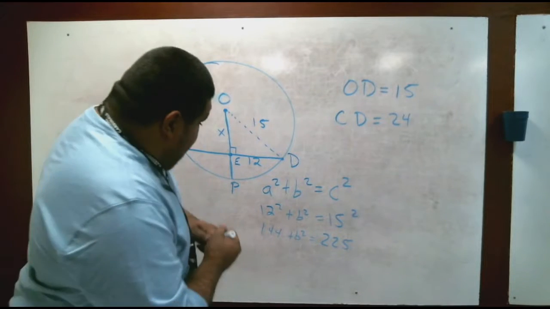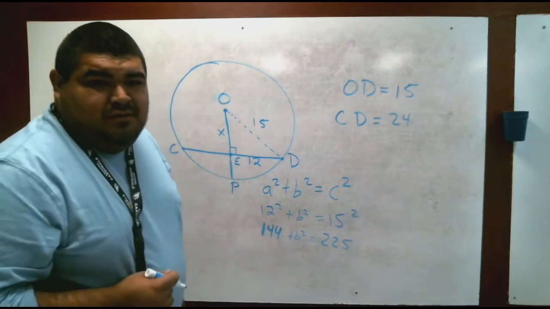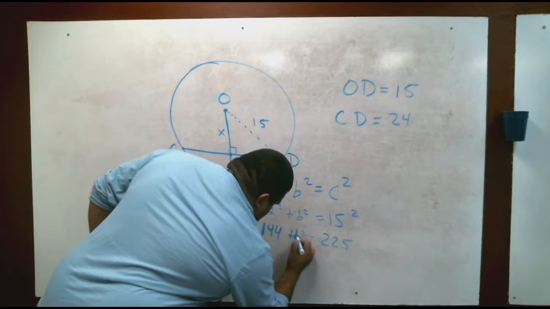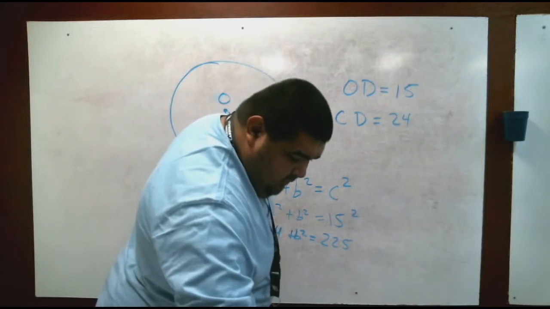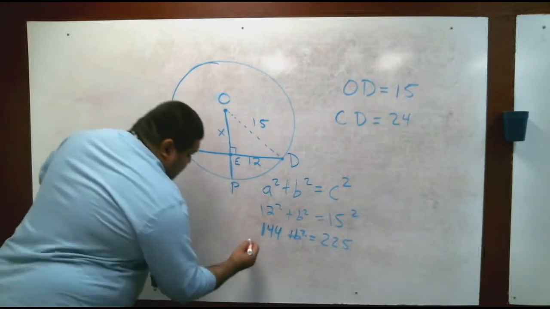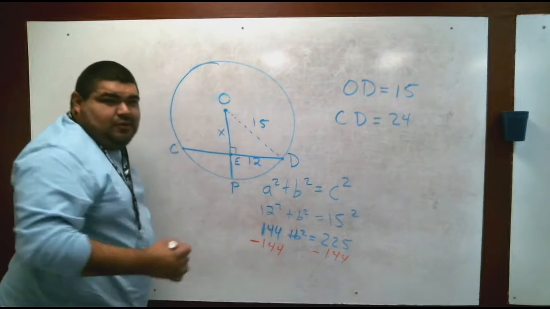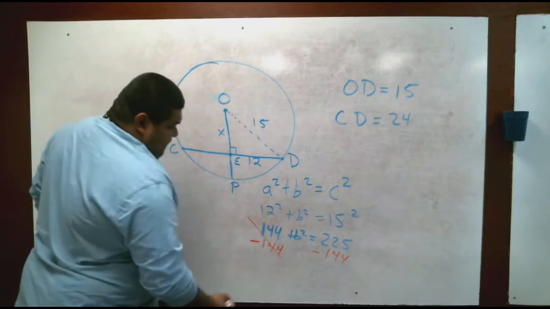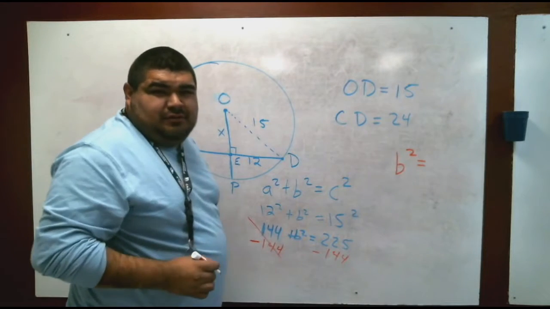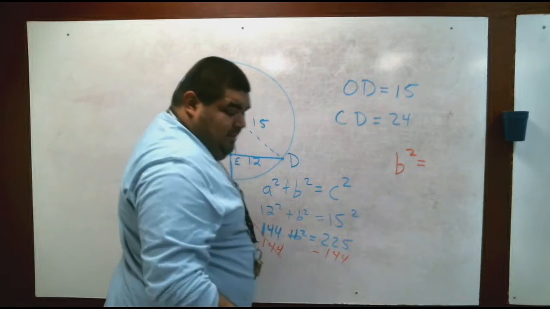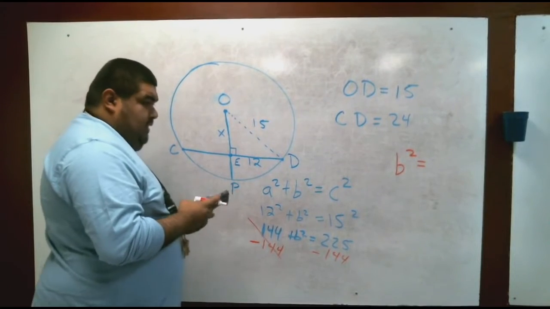So 144 plus B squared equals 225. We subtract 144 from both sides to leave B squared alone. They cancel out, and we're left with B squared equals 225 minus 144, which equals 81.